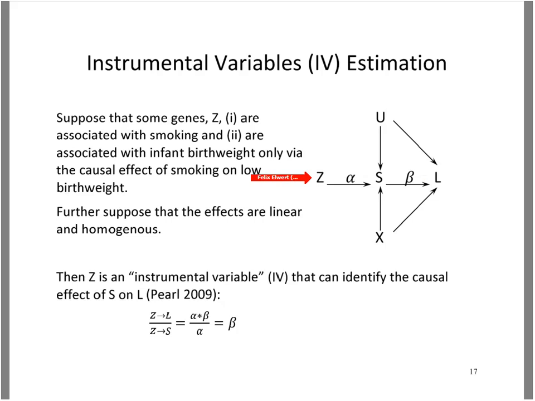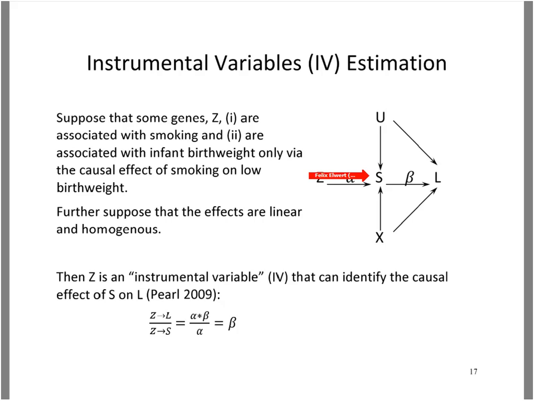But there are 2 other paths. There's the path from Z to S to U to L, and the path from Z to S to X to L. Well, the question you want to ask yourself is whether these paths are open. And the answer is no, they're not open, because on both of these paths, from Z via U to L, and Z via X to L, the path goes through S, and S is a collider on those paths.